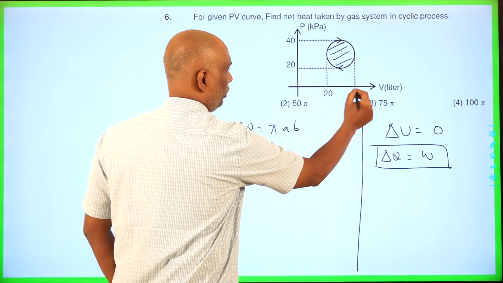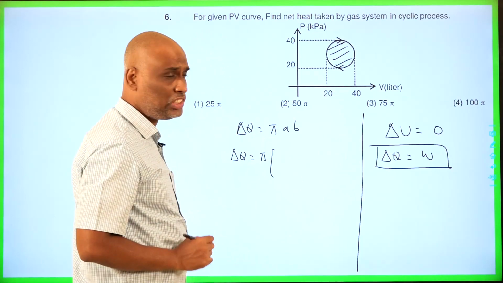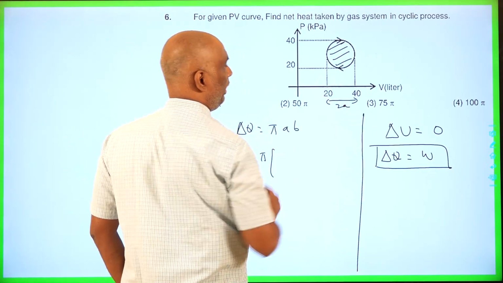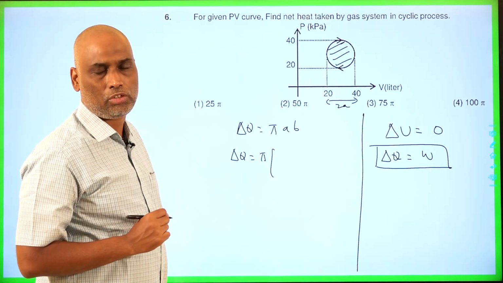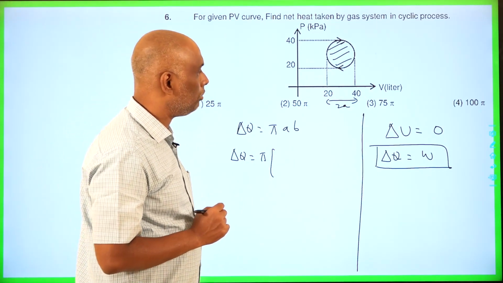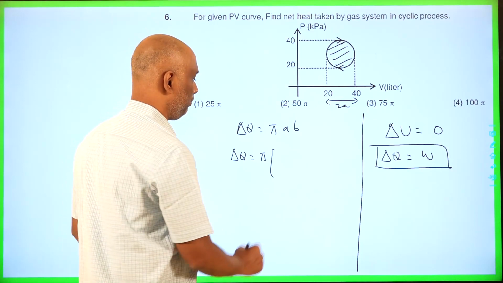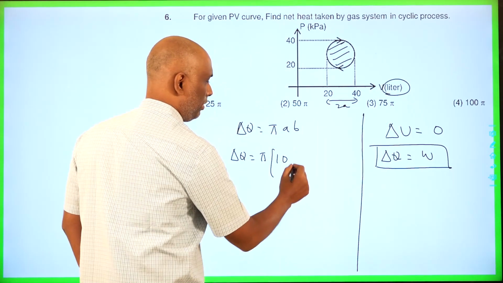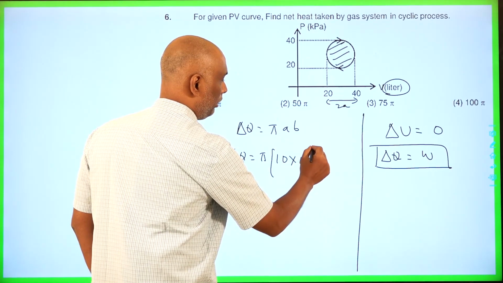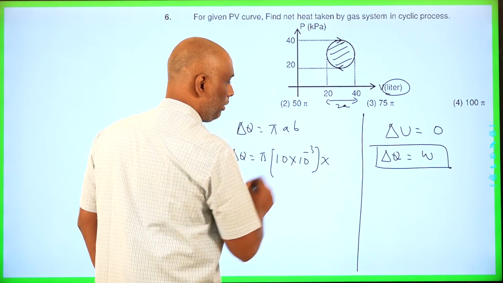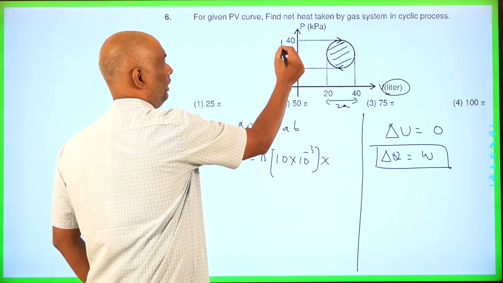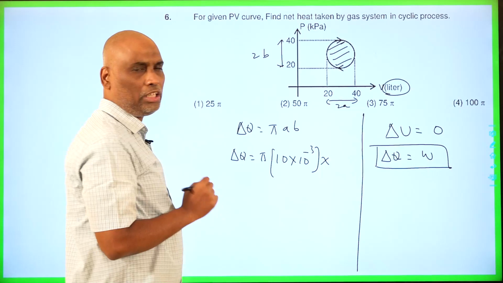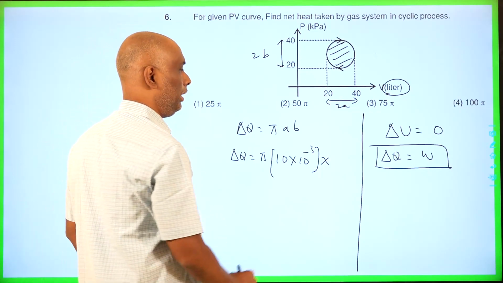If I take this distance as 2a, 2a is equal to 40 minus 20, so 2a is 20, and a becomes 10. The units are liters, convert into cubic meter, 10 to the power of minus 3, into b. Even this distance is equal to 2b, which is 40 minus 20, which is 20.